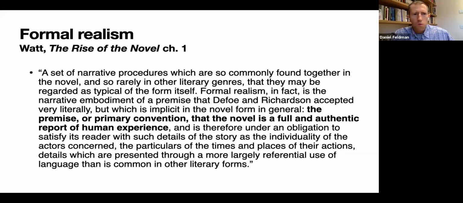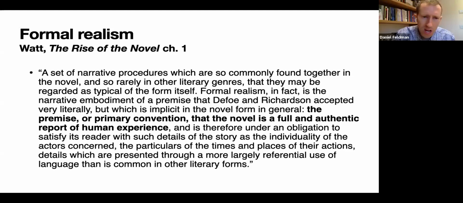Formal realism, Watt writes in chapter 1, here's the full quotation that I excerpted in the previous slide, that these narrative procedures, and they're used so often by Defoe and the next author that we'll encounter, Samuel Richardson, that this is a life. And therefore, the author has to convince us that these are individuals, real people, not types, but real people who lived at particular times and places of their actions.